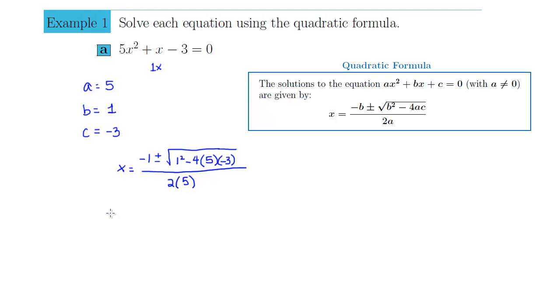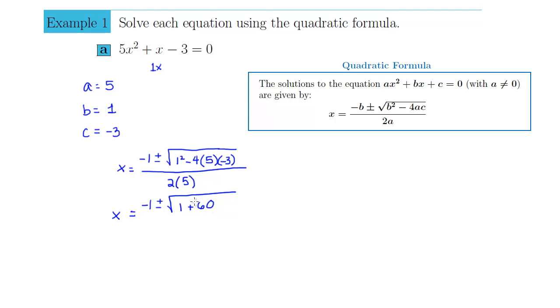All that's left to do is simplify. So let's go through this. We have negative 1 plus or minus, and we need to simplify what's underneath our square root. 1 squared is 1. And negative 4 times 5 times negative 3, well, you can look at it as negative 20 times negative 3 if you like, which is positive 60.